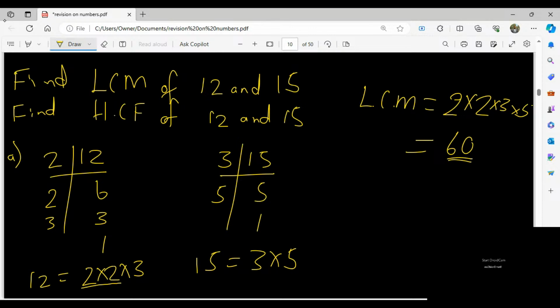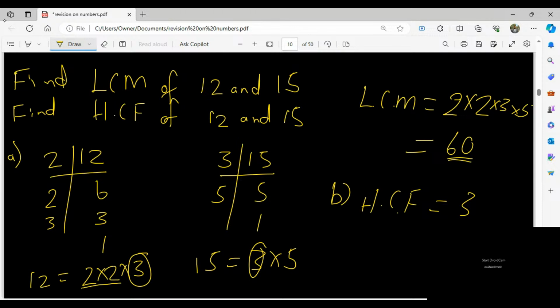And then B, for finding the highest common factor, it's very simple. We just look at the factors here. We have a 2, there's no 2 here. There's another 2, there's no 2 here. There's a 3 this side, and there's a 3 that side. So the highest common factor is 3 because we have a 3. Is there another common factor?